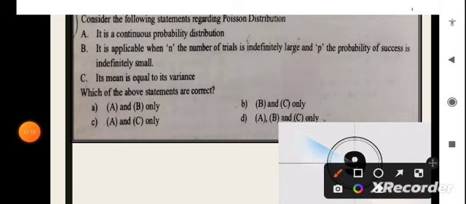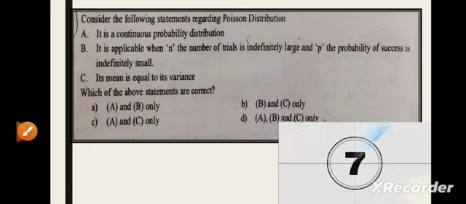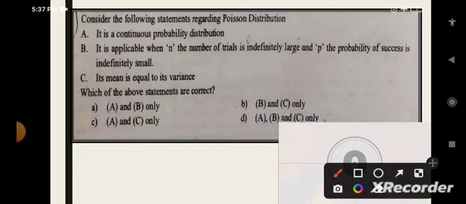Third question is, which of the following statements are correct regarding Poisson distribution? As we know that the Poisson distribution is a discrete probability distribution, so after eliminating option A, we will get our correct answer, that will be option B.